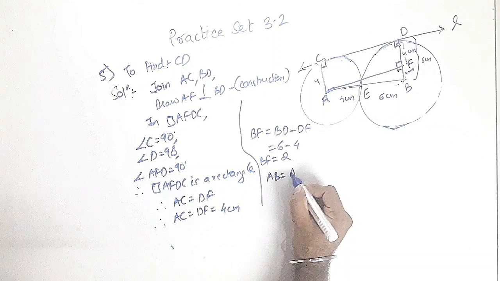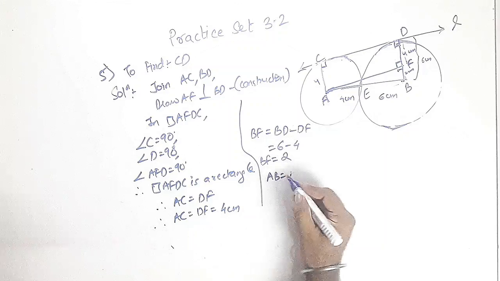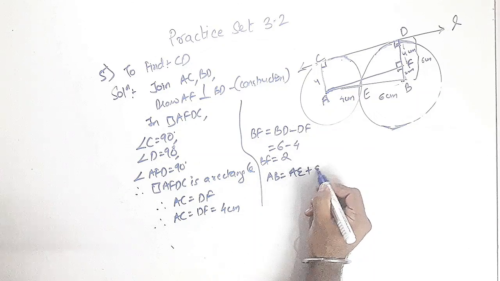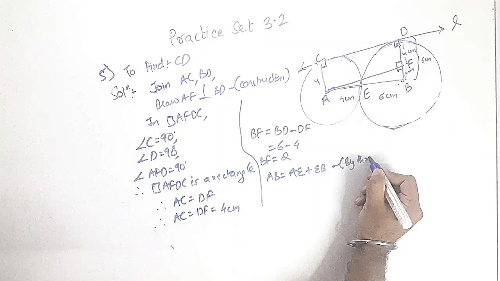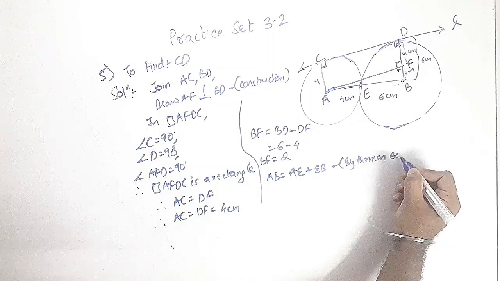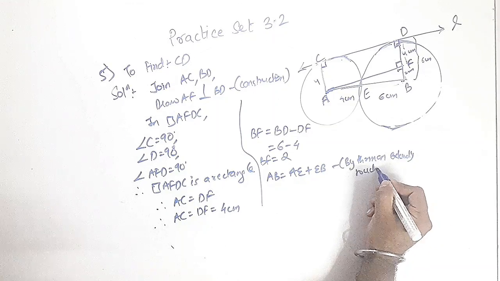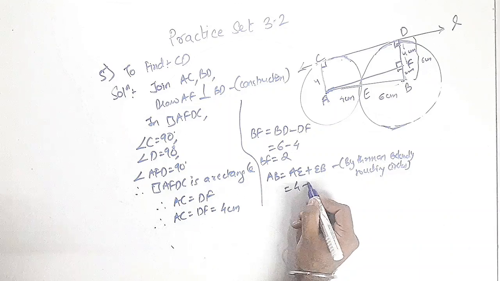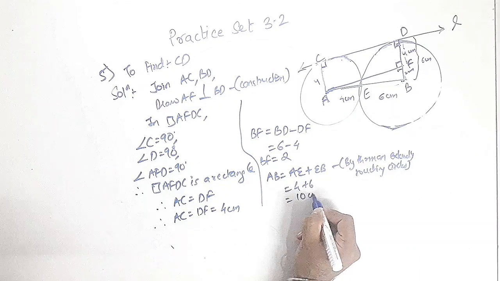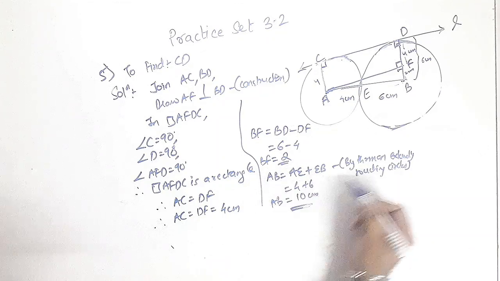AB is equal to AE plus EB, by theorem on externally touching circles. So this is 4 plus 6, so it is 10 centimeter. Correct? We got AB, we got BF.